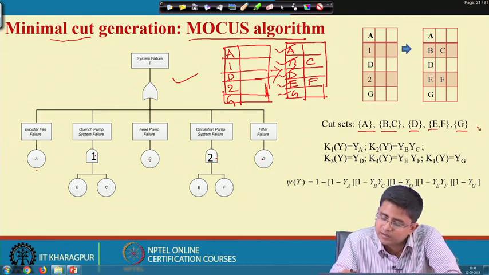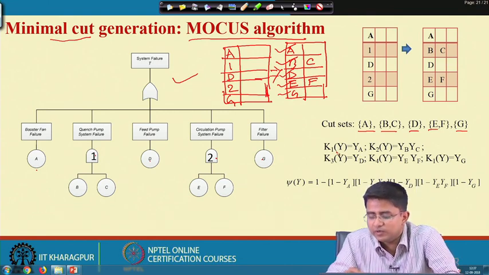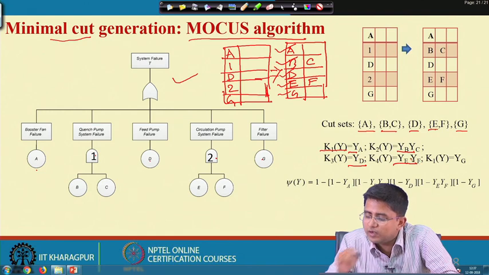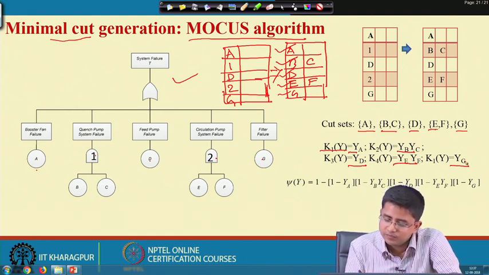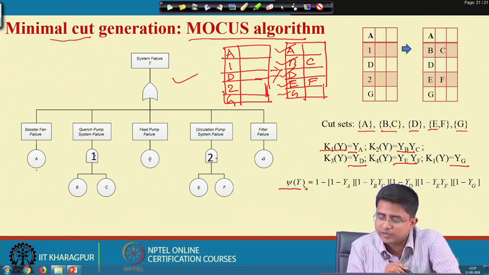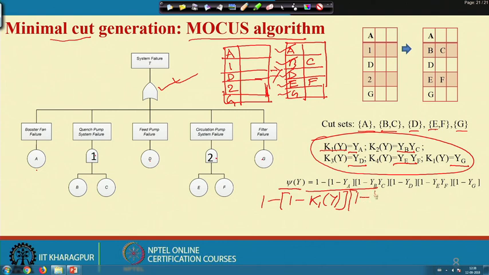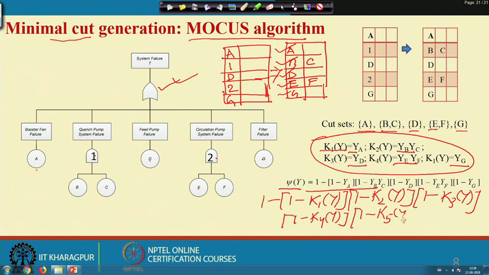So now the cut structures, if we write in terms of indicator variables, the first cut structure is nothing but y A, the second is y B into y C, then this is y D, this will be y E into y F, this will be y G. So now for the structure function, we can write easily that as this is an OR gate, the total structure will be like this: 1 minus k 1 y into 1 minus k 2 y into 1 minus k 3 y into 1 minus k 4 y into 1 minus k 5 y.